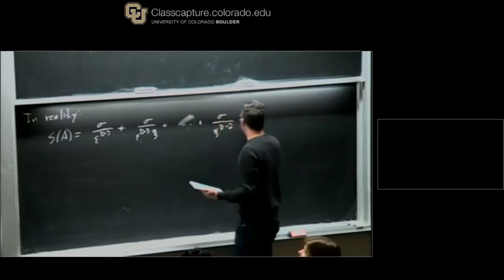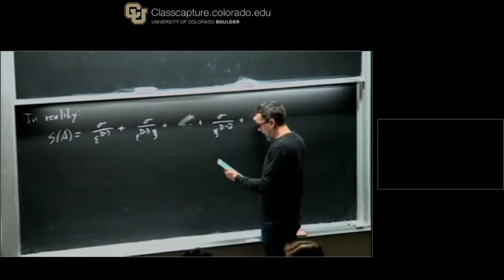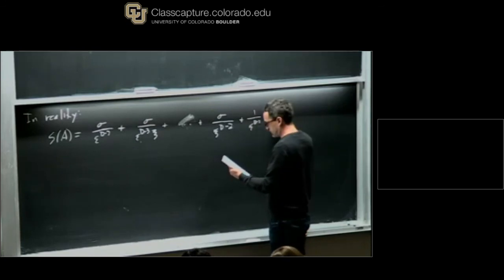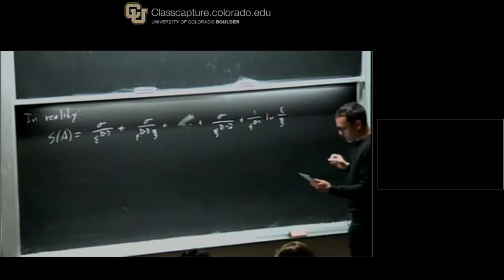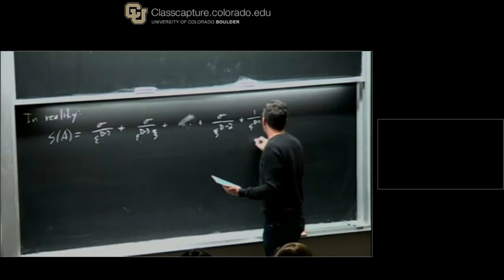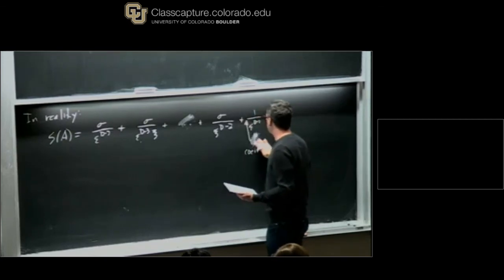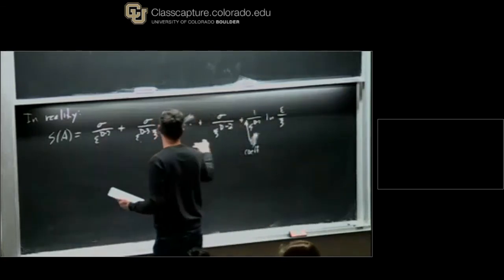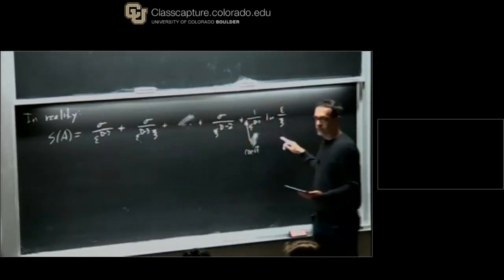And then in even dimensions, you also get something like this: a log term. They all have some coefficients, and the coefficients are pretty much meaningless until you get to the last one.